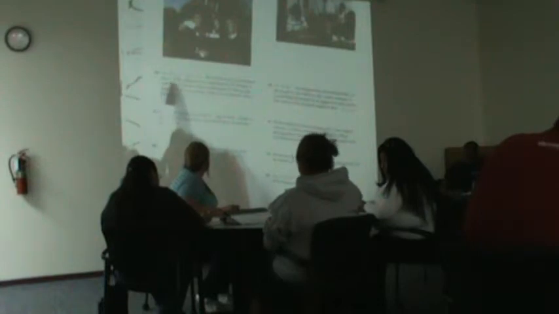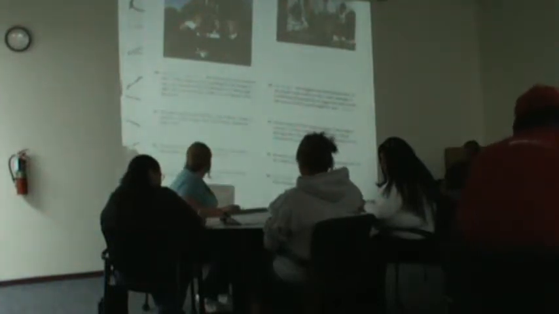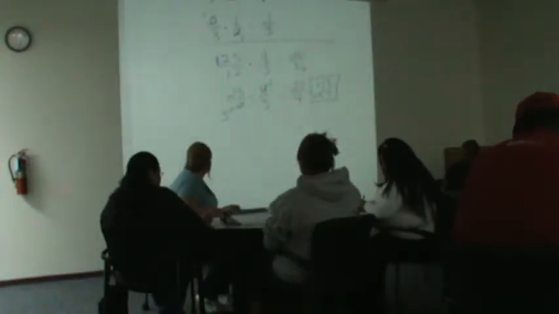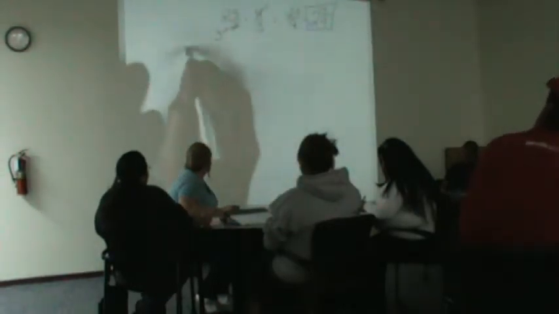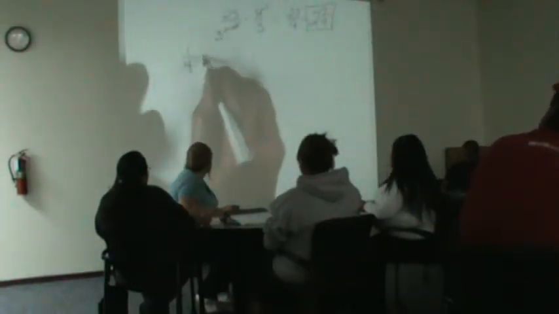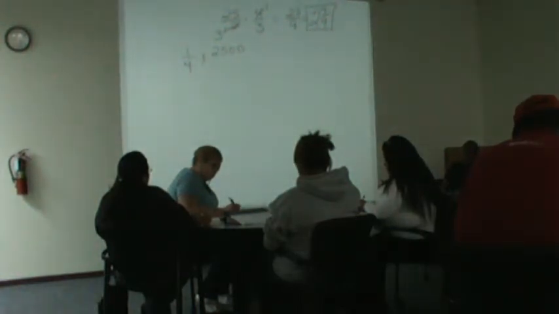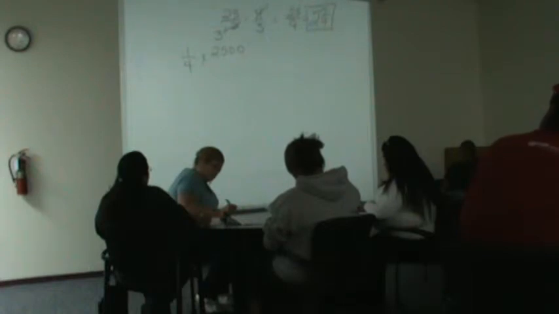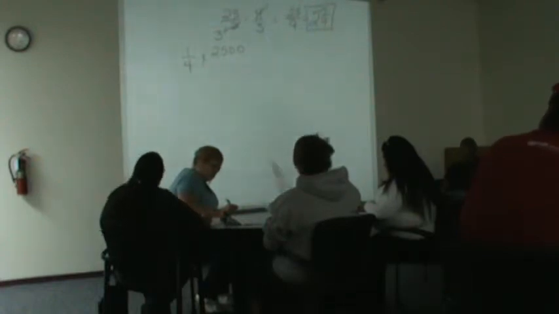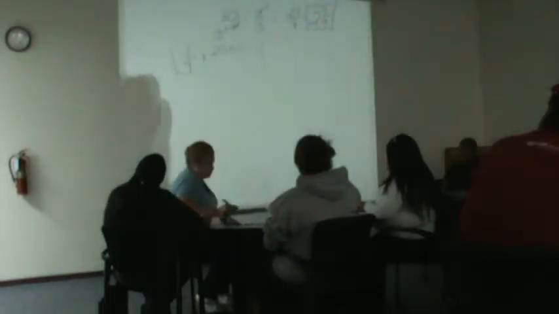So 1/4 of something means you're going to do 1/4 times that number, okay? So you got 1/4 of your mailing list, which was 2,500 people. You could probably divide it by 4, but we're doing multiplication, so multiply it by 1/4, okay?